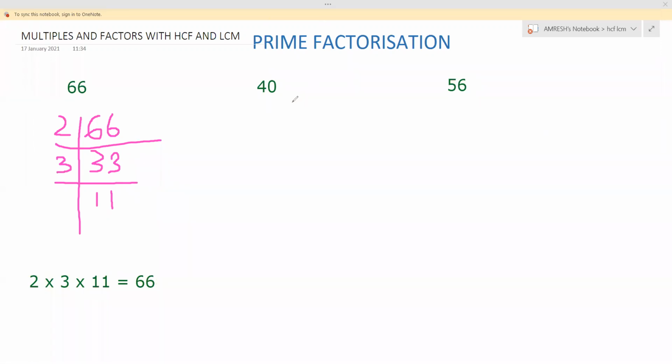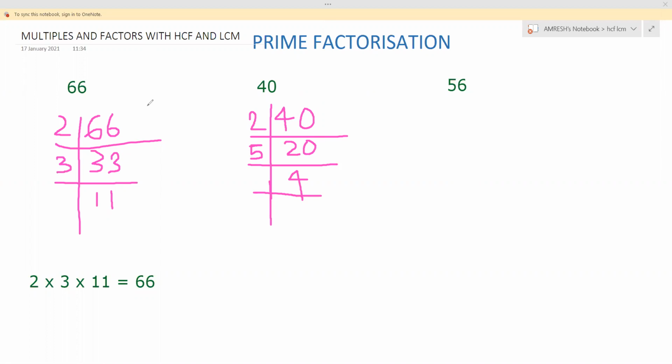40, how will you do? 40 by 2 to 20. 5 you can take here. 5 also, 5 is a prime number. Take 5, it will come 4. Okay. These divisions you try.